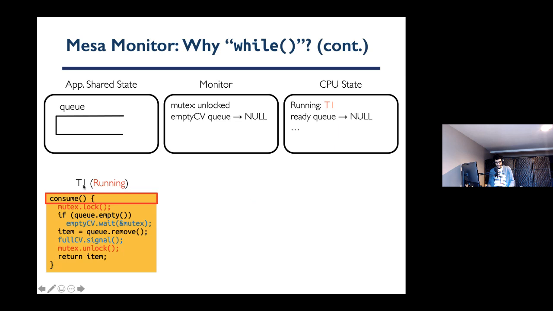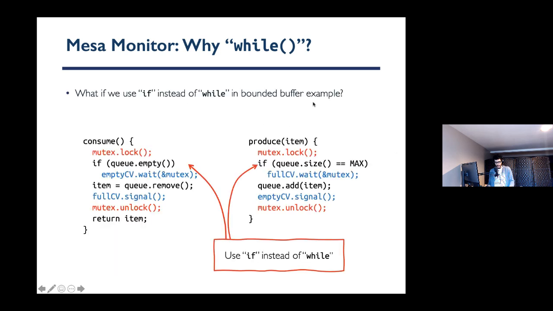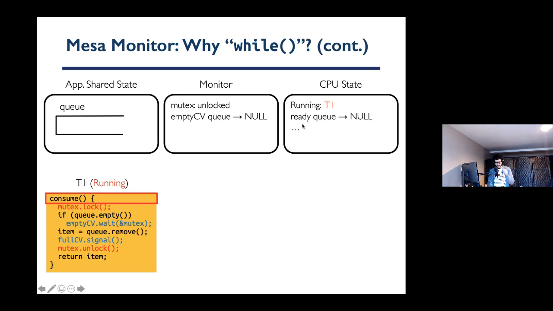Okay, now let's say that at the beginning we have a consumer T1 that is running. So let's go through the code. Look at the CPU state. T1 is running. Everything is empty. Now the mutex is locked. The queue is empty, so T1 is going to wait.